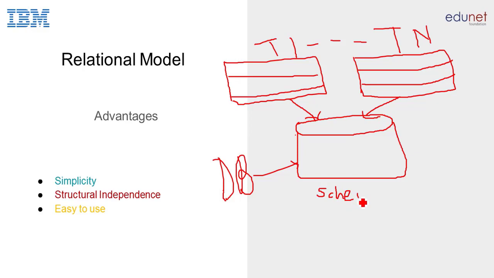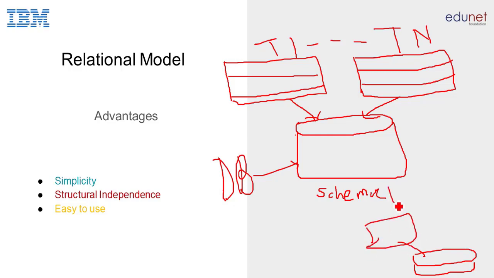A schema is nothing but a database, and the relational model has a set of schemas. You can also create another schema like that, and here also there are tables: schema 1, and schema 2.